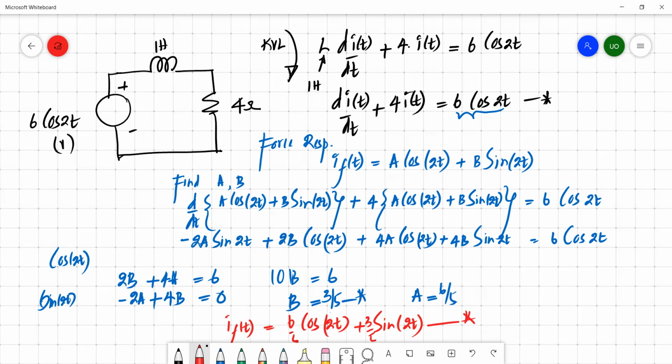So this is the ideal force response for this particular circuit.